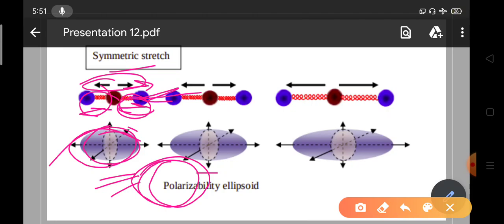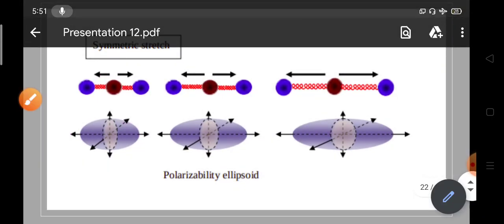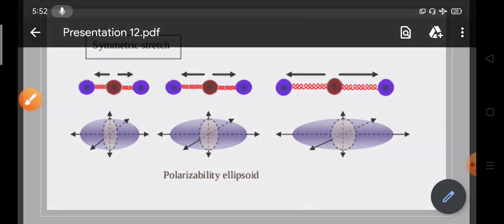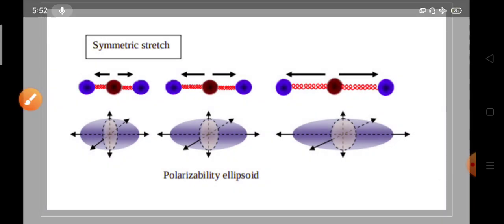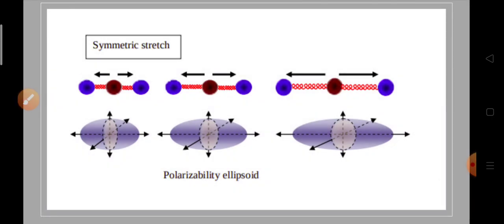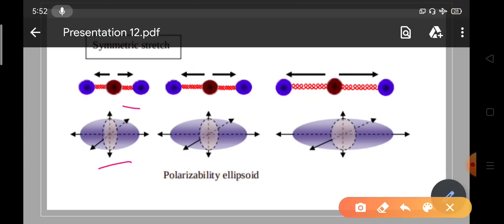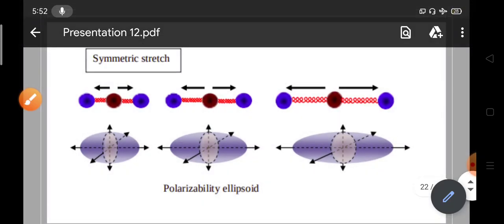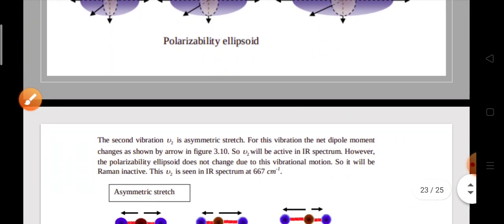We have to consider the ellipsoid charge distribution, not a spherically symmetric charge distribution, because the polarizability will change with this configuration, and with the change in polarizability we can get the Raman scattering. So here, during its stretching, the polarizability ellipsoid is changing, or the polarizability of the molecule is changing, so it is a Raman active mode.